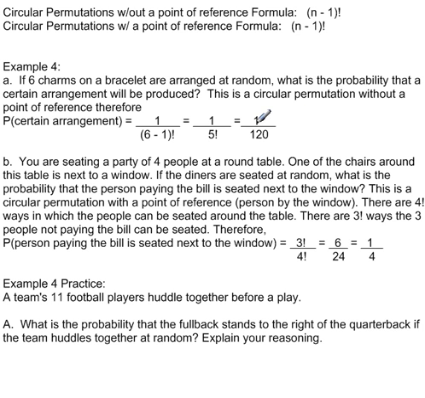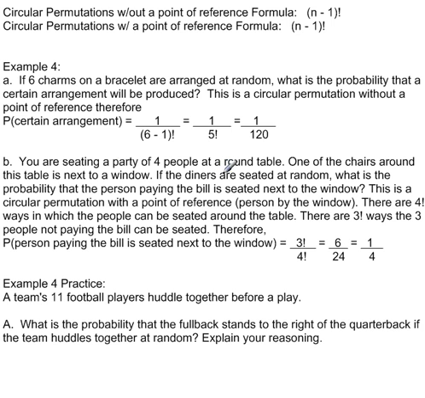But if you want to know the probability that a certain arrangement can be produced, then it's just going to be 1 over 6 minus 1 factorial, because that would be without a point of reference. So that's 1 over 5 factorial, which ends up being 1 out of 120 chances that it would be in that position.